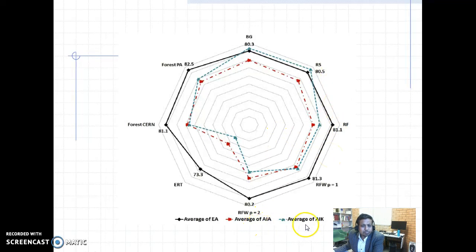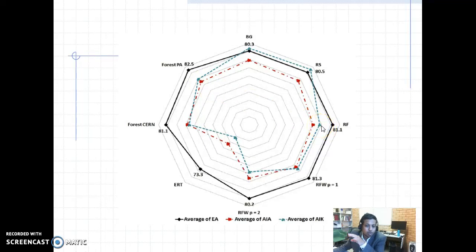And if we look at the average individual accuracy, you can see it's much higher than random forest. So random forest is somewhere there, and Forest PA's average individual accuracy is higher. Random forest trees' accuracy is not as good as this one, but random forest is more diverse.